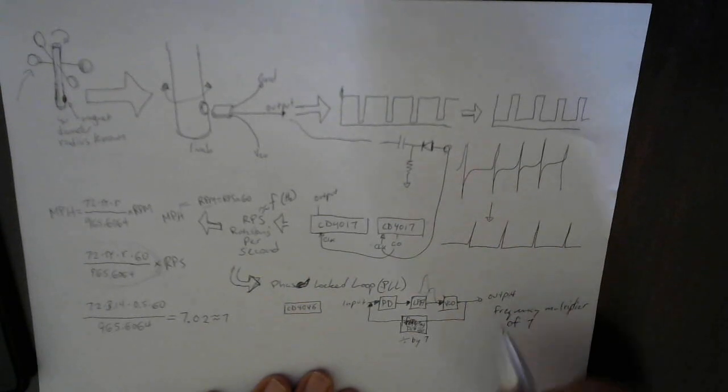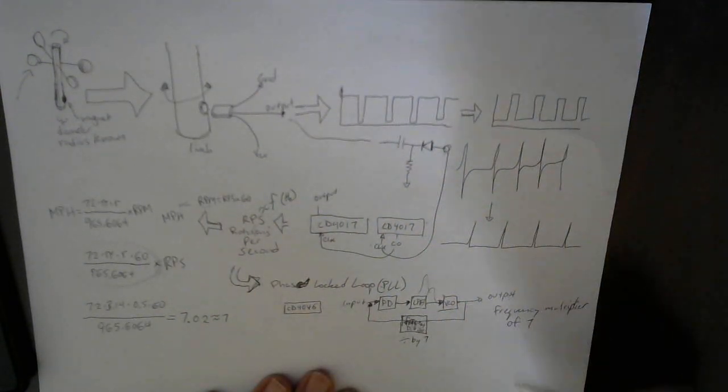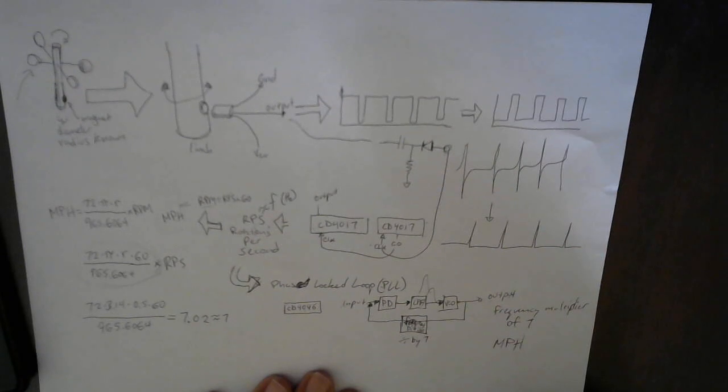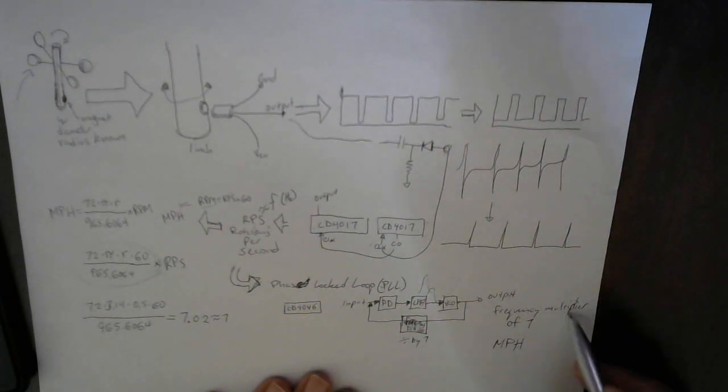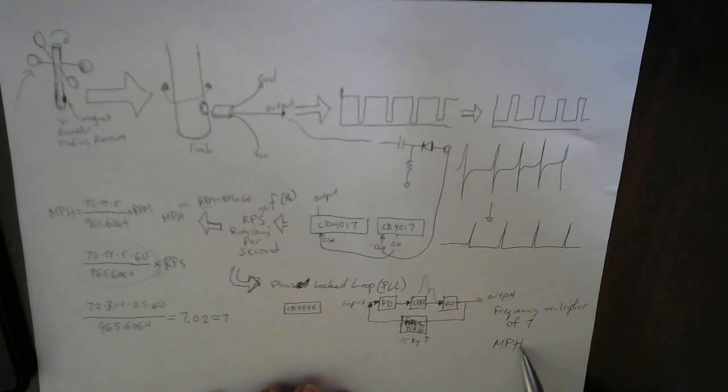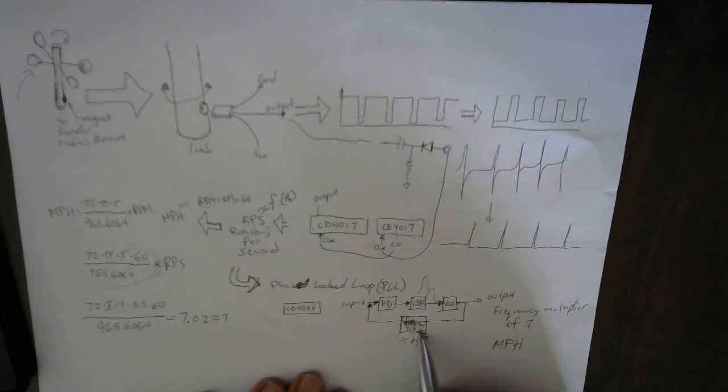So whatever frequency we get in the RPS after we put it through this, we will get a readout that's miles per hour after we multiply that frequency, whatever frequency this is, by 7. It will be miles per hour. So how do we do this?